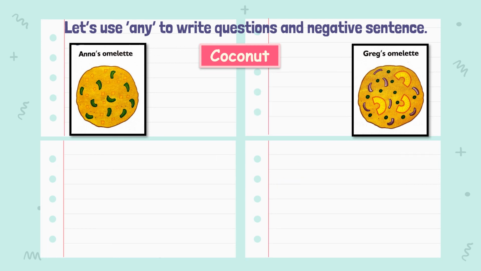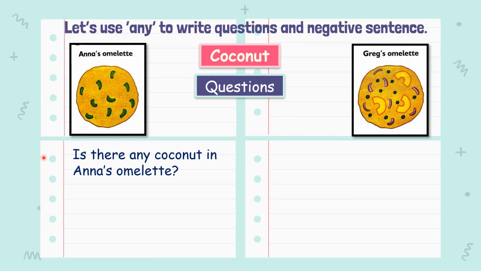Now the last example, coconut. So we're going to write questions using coconut. Can you try? Well done. Is there any coconut in Anna's omelette? The answer would be no, there isn't. What about for Greg?